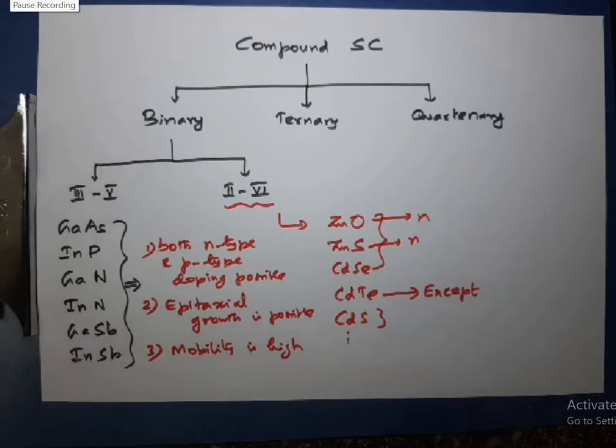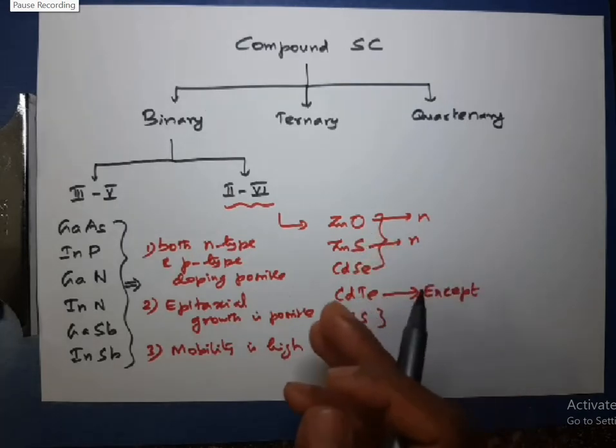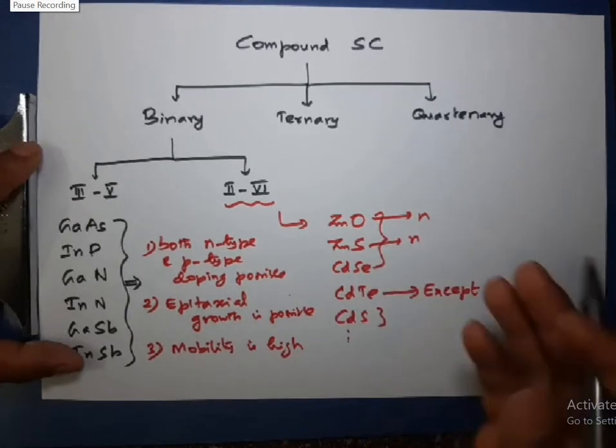This is a very important point one should keep in mind, because while making a device, usually for optical purposes, we prefer materials in which both n-type and p-type doping are possible.